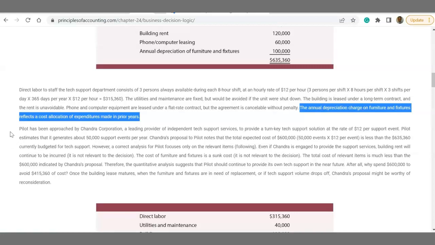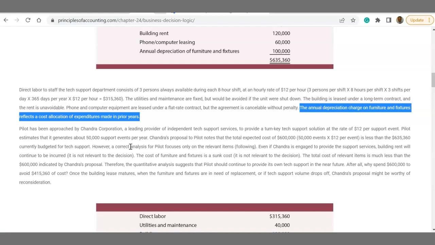Pilot has been approached by Chandra Corporation, a leading provider of independent tech support services, to provide a turnkey tech support solution at the rate of $12 per support event. Pilot estimates that it generates about 50,000 support events per year. Chandra's proposal to Pilot notes that the total expected cost of $600,000, which is 50,000 events times $12, is less than the $635,360 currently budgeted for tech support.